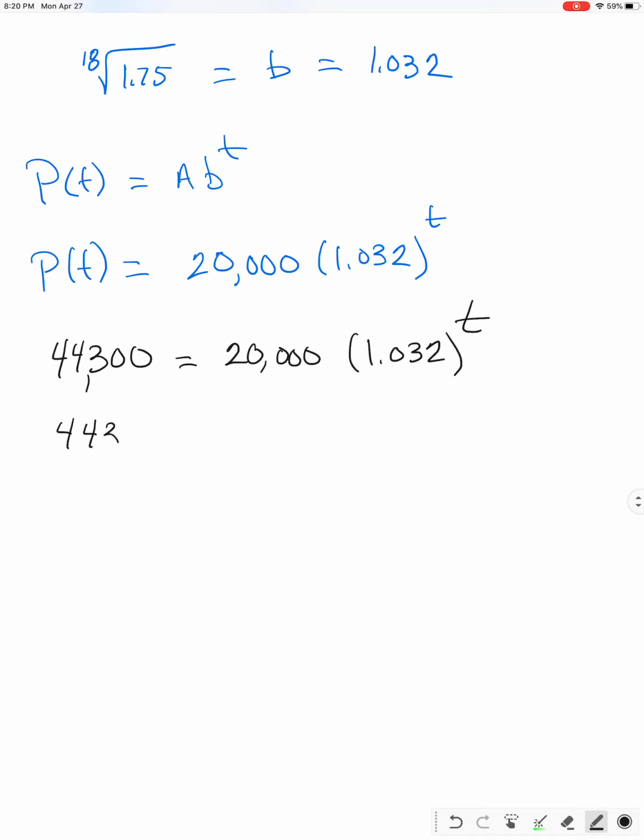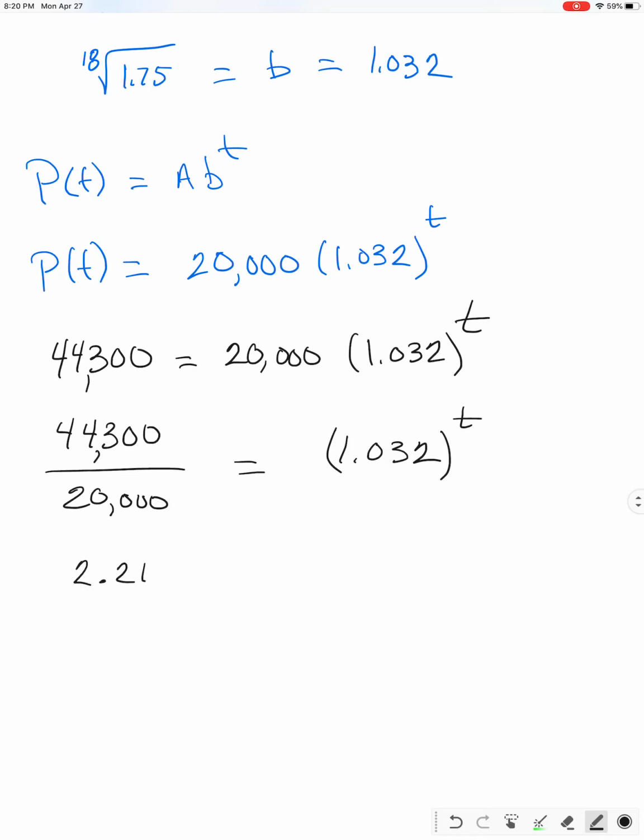So 44,300 divided by 20,000 is equal to 1.032 raised to the t. Simplifying the left-hand side, I get 2.215 equal to 1.032 raised to the t.